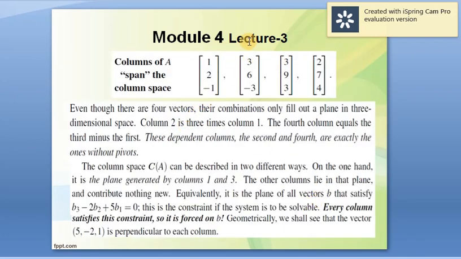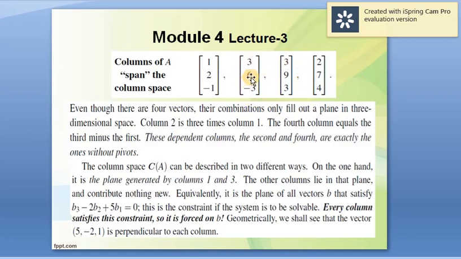Even by writing them as column spaces, we won't be able to solve it directly, but the column spaces give us understanding. When we see the equations of these columns clearly, we get to know that the first column is an independent column and the third column is also an independent column. Independent means there is no dependency; it has not been obtained by linear combinations of the rest of the columns.